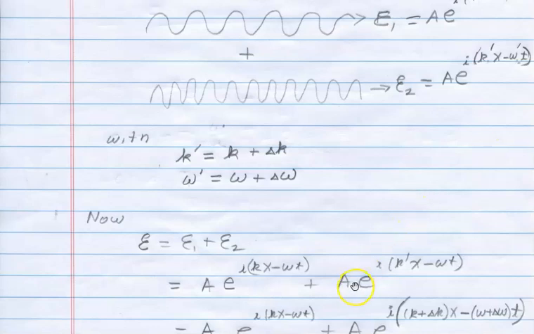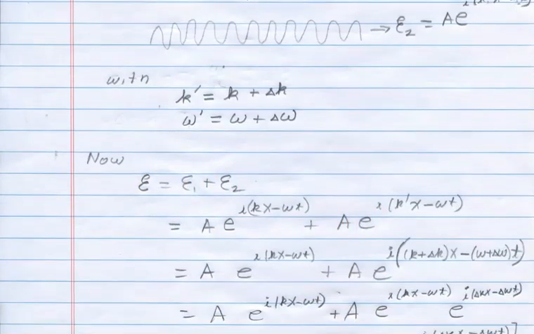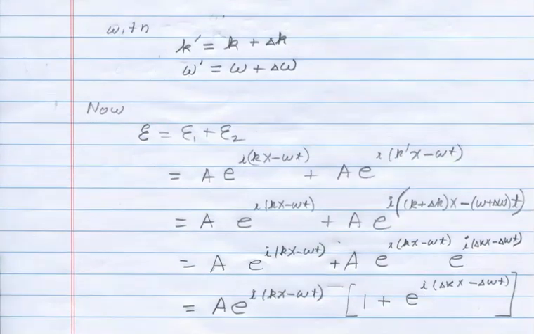But we'll look at the superposition of them, so E1 and E2, and the combination is E. So we're superimposing two waves, and I'll go ahead and substitute in k prime is equal to k plus delta k here. The first wave I leave the same.